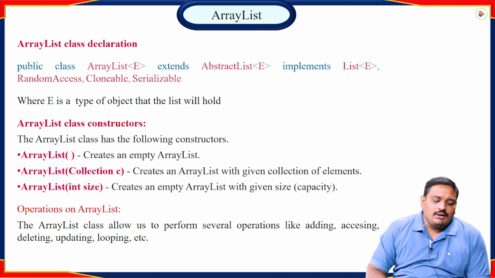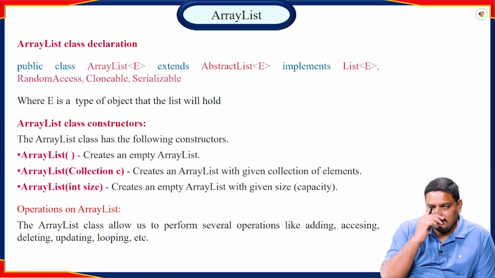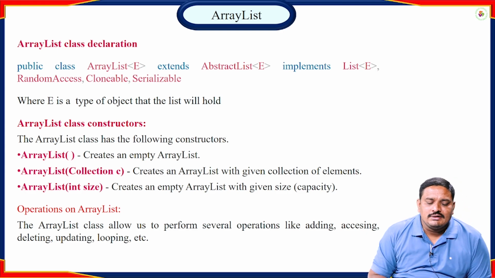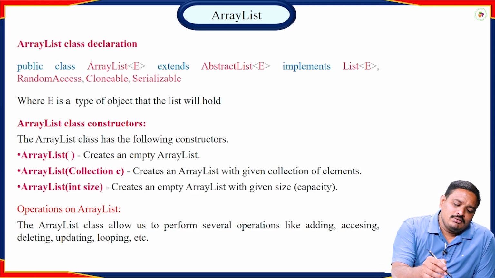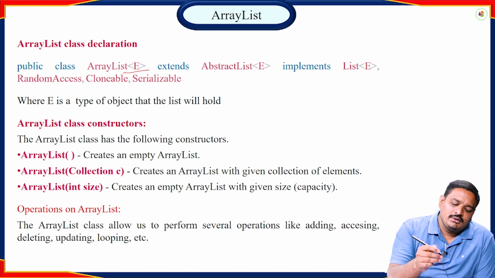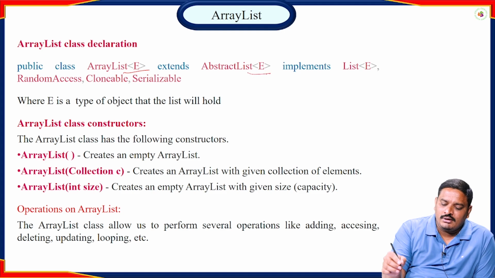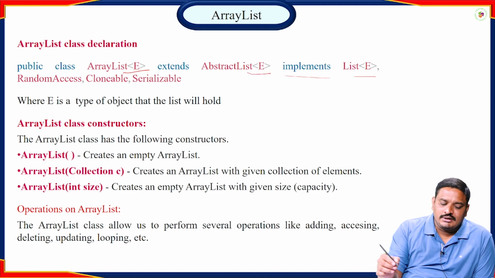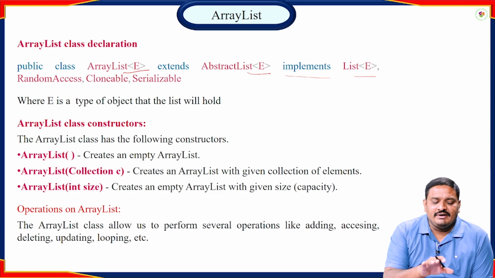Here, how to declare the ArrayList class? public class ArrayList<E> extends AbstractList<E> implements List<E>. How to remember this syntax?